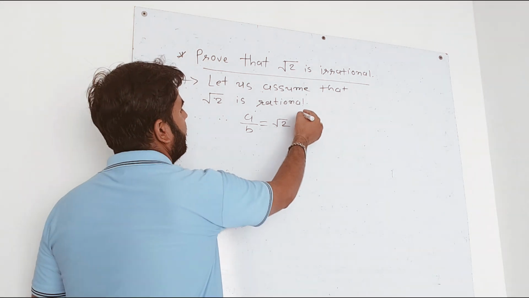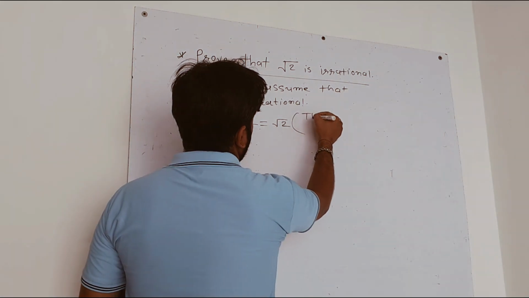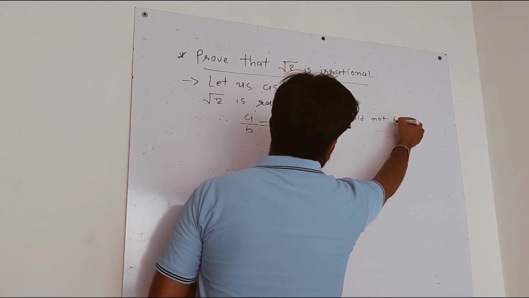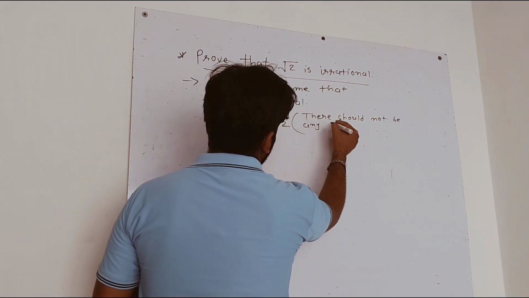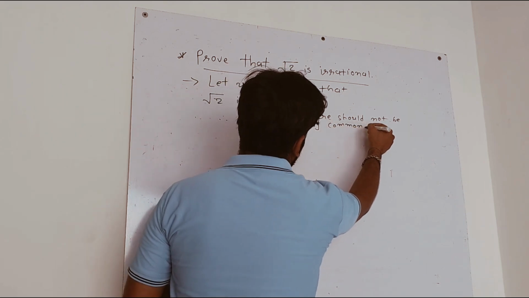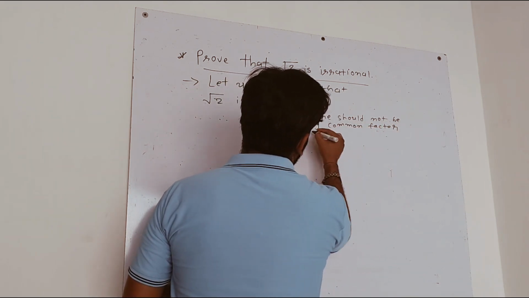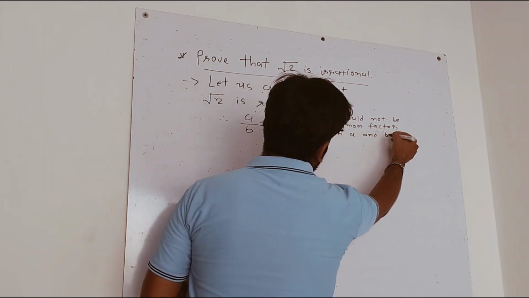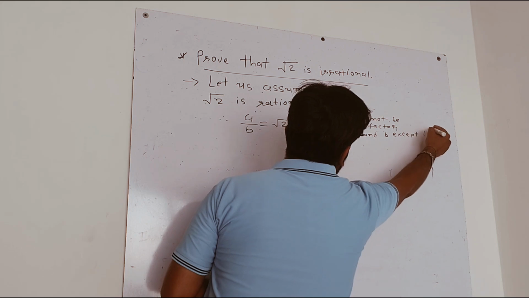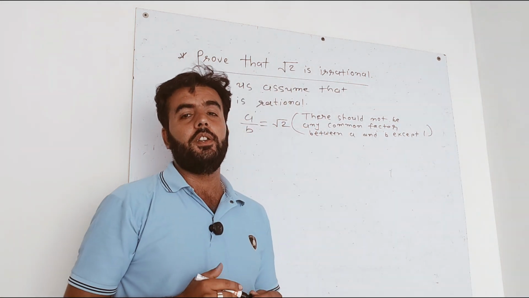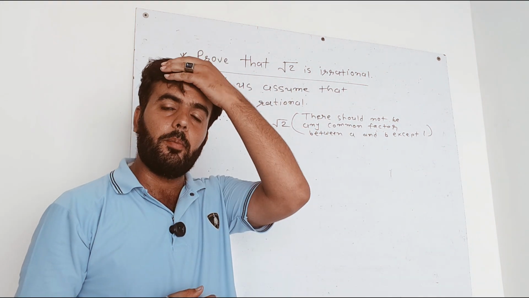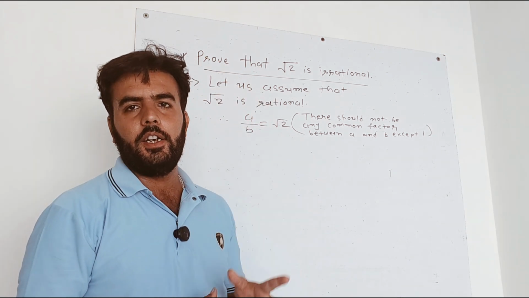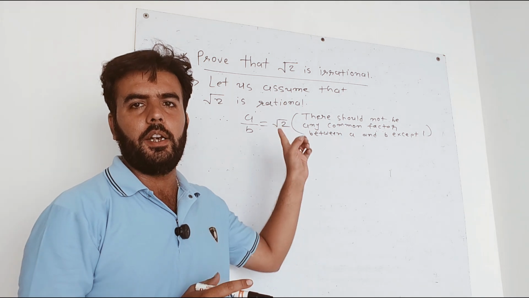Okay, so I will write in bracket that there should not be any common factor between a and b except 1. 1 is the exception as 1 is a factor of all the numbers, so it is common. But except 1 there should not be any common factor between numerator and denominator, implies here a and b.